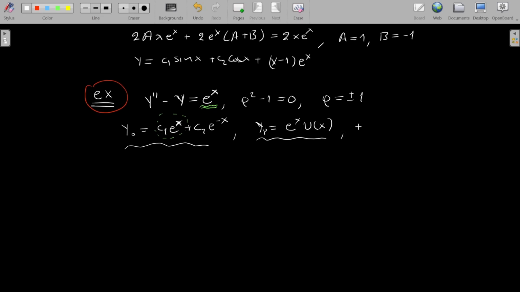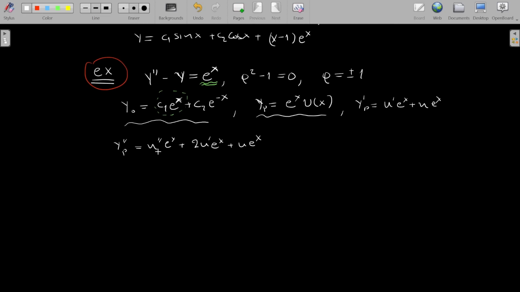So we're going to have y equal to u e to the x, and sorry, y prime going to be u prime e to the x plus u e to the x, and y double prime going to be u double prime e to the x plus 2 u prime e to the x plus u e to the x, and plug everything in, and e to the x is going to drop.